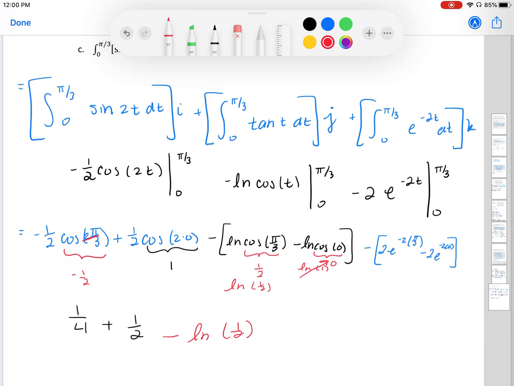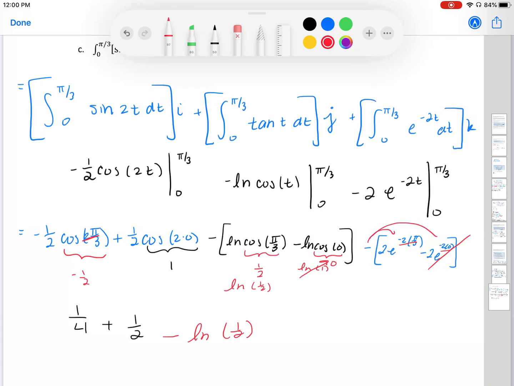Moving forward, here it just becomes negative 2 pi over 3, and we can't really do anything with that. And then here we have e raised to the 0 power. Anything raised to the 0 power is just 1. Now let's multiply that negative.